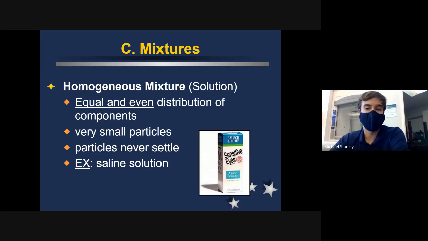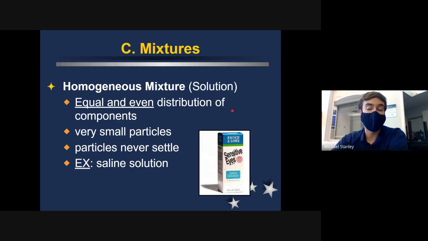That's no good. That defeats the purpose. You want every drop to be the same. So no matter where you are in your bottle, at the front, at the middle, at the end, it all has the same combination of salt, water, and medicine. All of the different particles are evenly mixed together, evenly distributed throughout the entire bottle.